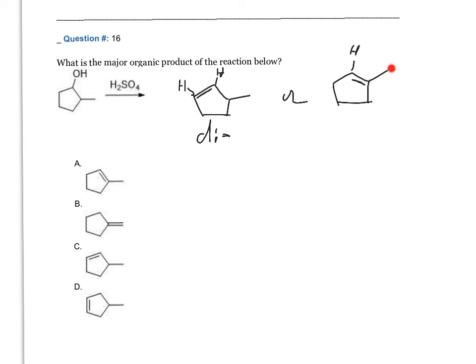Carbon, carbon, carbon, only 1 hydrogen. This is tri-substituted. So I go looking for that structure. The answer is A. The more substituted alkene forms during a dehydration reaction.